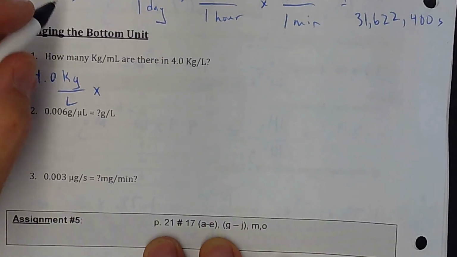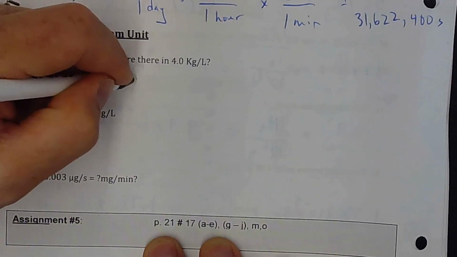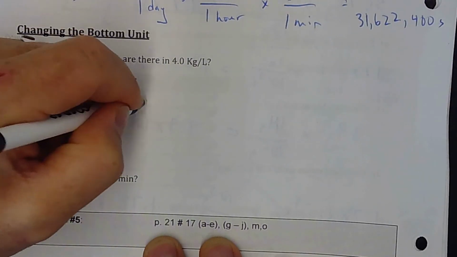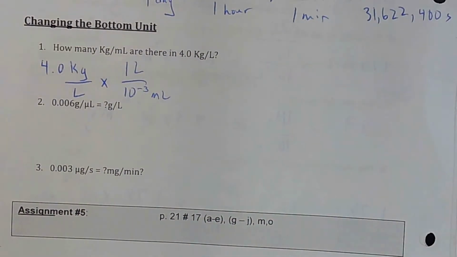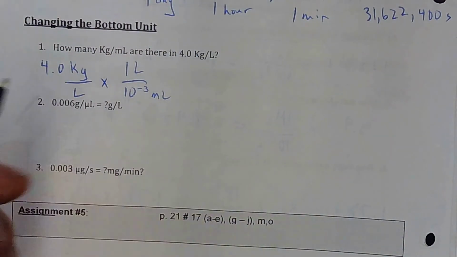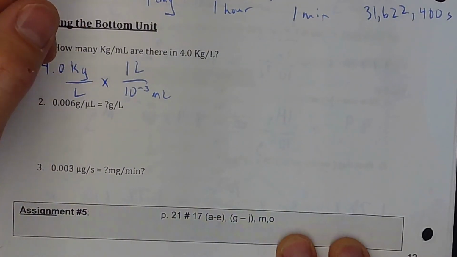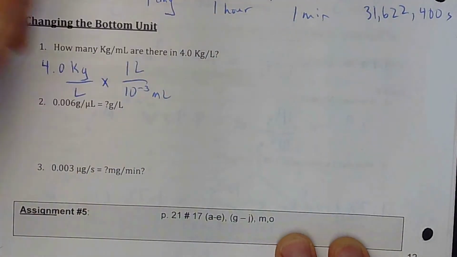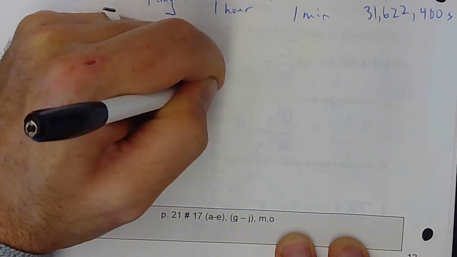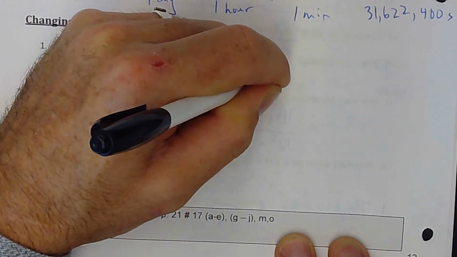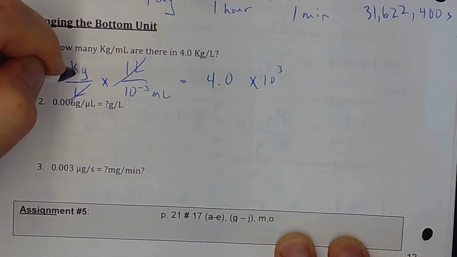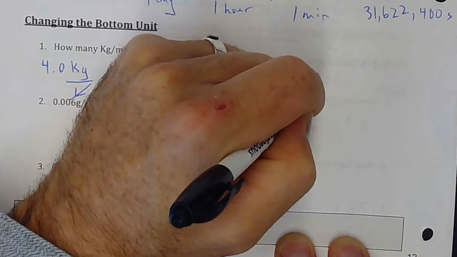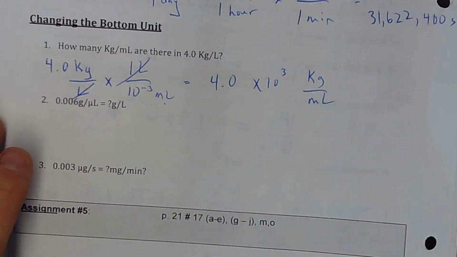So we got times, so 1 liter is 10 to the minus 3 milliliters. All right, so 4.0 minus negative 3, divided by 10 to the minus 3. And this is going to be equal to 4.0 times 10 to the 3. Great. Liters cancel, and then we got kilograms per milliliter. And that's what we want.